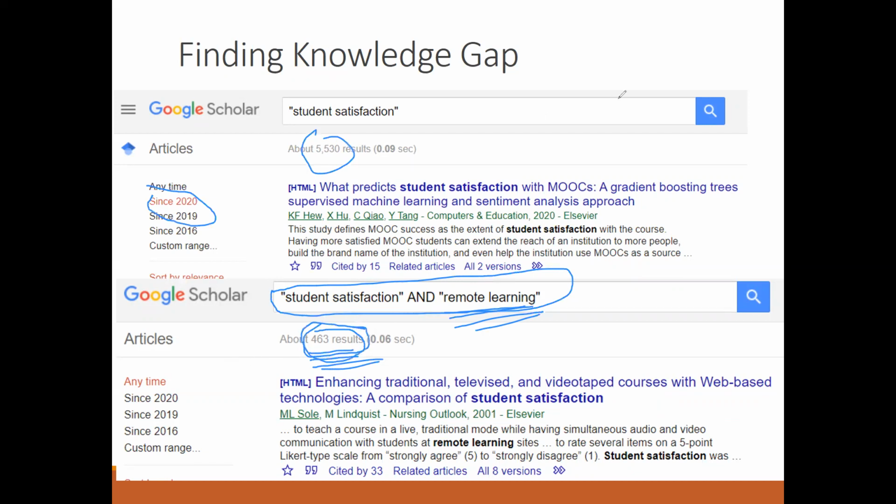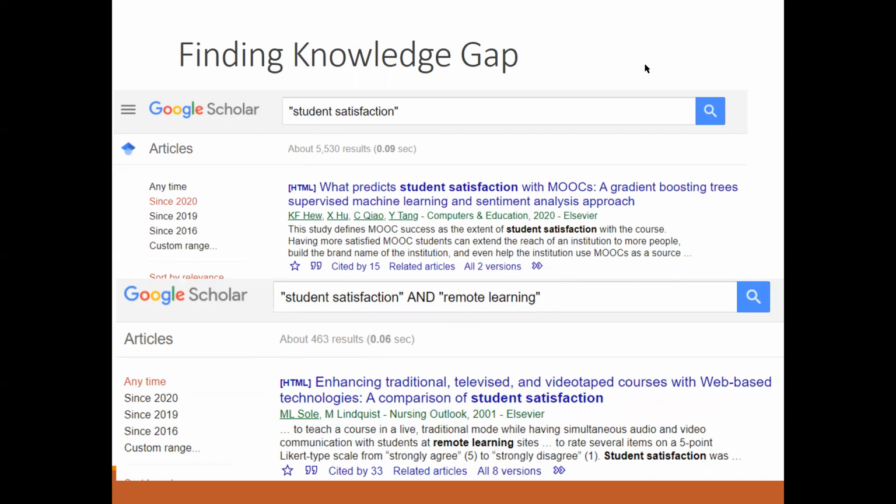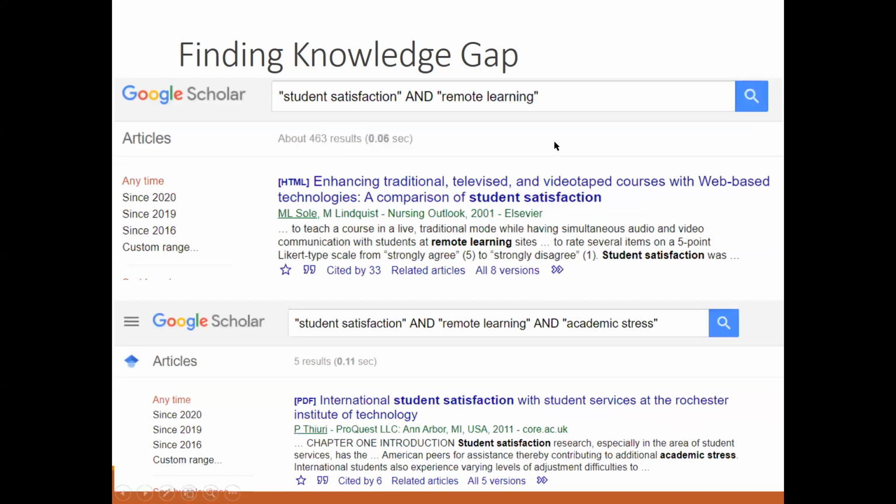Okay. So when we discussed student satisfaction and remote learning in the case of academic stress, we find that only 5 results are there. So it means that there is a huge knowledge gap.